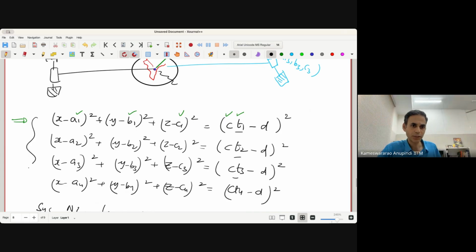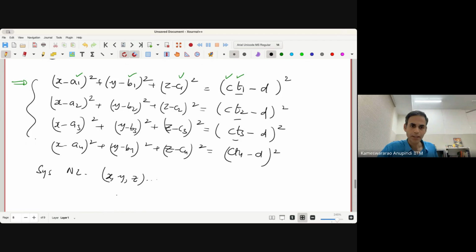Once we solve for this, we will know the position x, y, z, and we'll also know the time difference. So we have 4 equations and 4 unknowns, which can be solved using a system of nonlinear equations with Newton's method. That means your phone is always trying to solve this system of nonlinear equations every time you try to locate it using GPS.